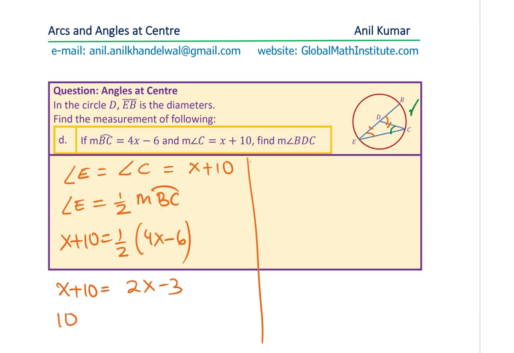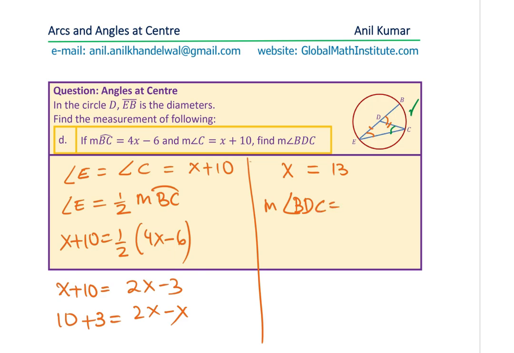So this time I'll bring the variables to the right hand side, which is 2x minus x, and so we get the value of x as 13 degrees. So x is 13 for us. Let me only write the number 13, and that gives you the value of x. And so we can now find the angle. The measurement of angle BDC is what?